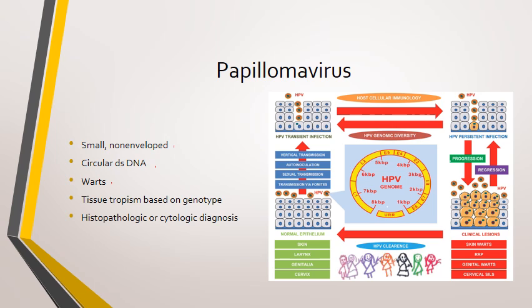Papillomavirus has a cutaneous or mucosal tropism, so it goes toward the skin or the mucosal surface, and it causes basically an overreplication or an uncontrolled replication of those particular tissues where the infection occurs.